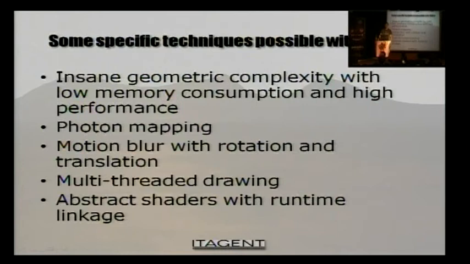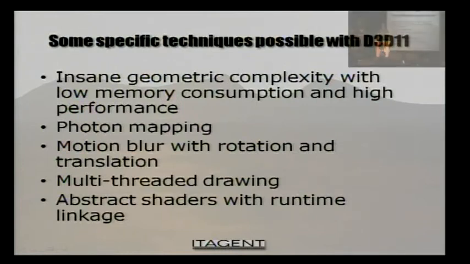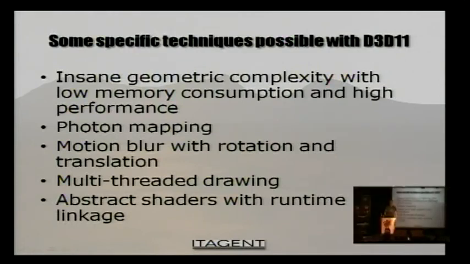I'm going to talk about some specific techniques that are much easier, or at least possible, in 11, which are very cumbersome to do in older APIs. Insane geometric complexity means that we can take a very small amount of input geometry into the card and output millions of triangles by using formulas that we feed to the tessellator.